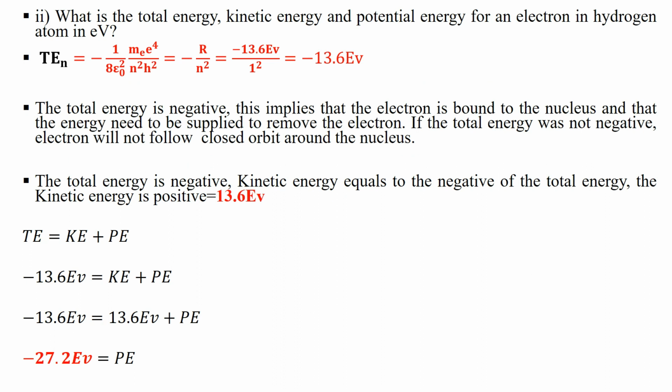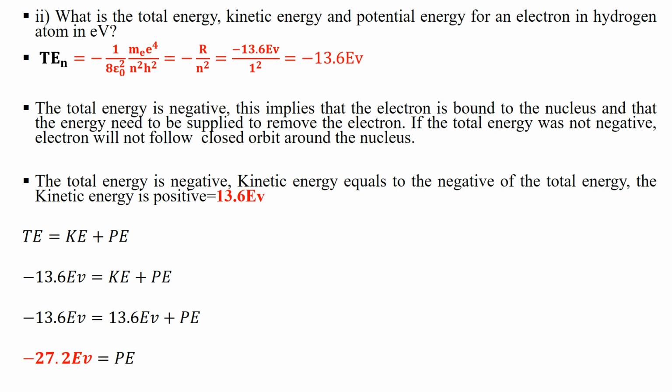Moving to the second sub-question. It asks us to calculate the total energy, the kinetic energy, and the potential energy for an electron in the hydrogen atom, in electron-volt. We know that the total energy in the hydrogen atom is equal to minus the Rydberg constant divided by n squared.